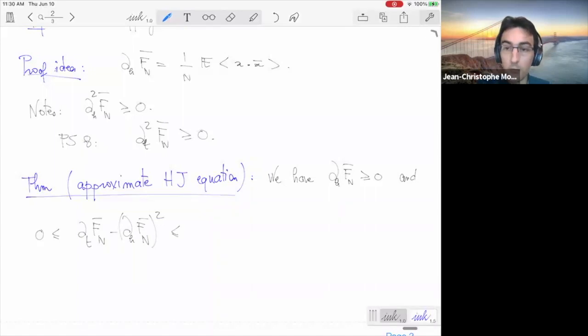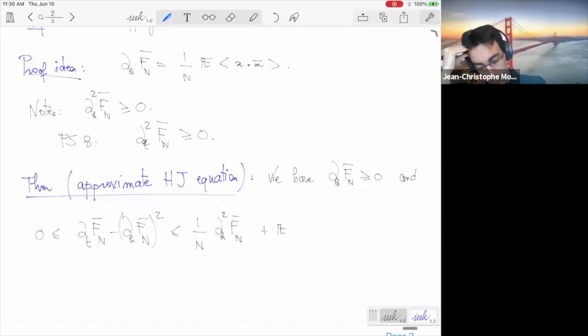So here is the thing that we want to control. Okay, it's a variance, so it's clear it's non-negative. But the important part is that it's bounded by 1/n times the second derivative of Fn bar. This is exactly like in Curie-Weiss, the standard Curie-Weiss. But there's an extra term, which is the expectation of the difference between the derivatives of Fn and Fn bar squared.